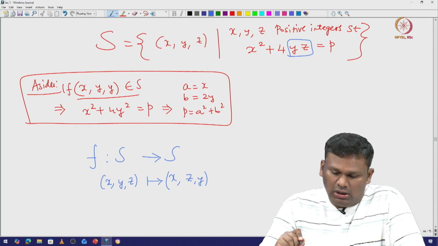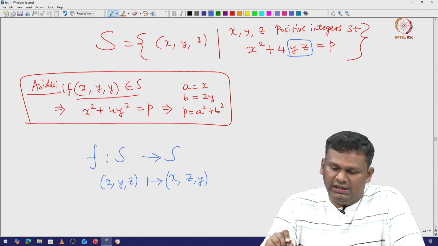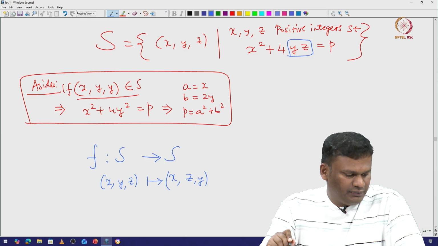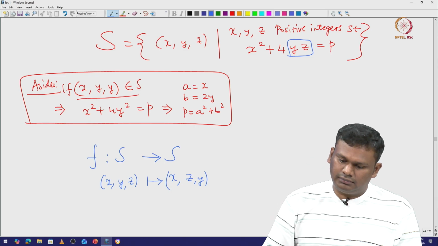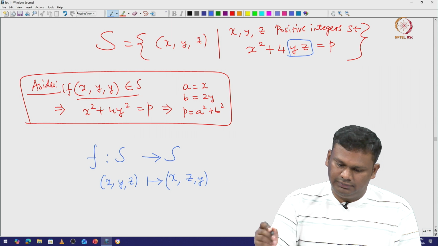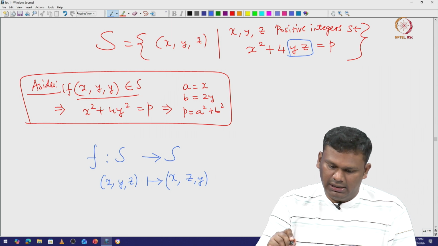Now if you think about it, we need to prove this S is non-empty. That is indeed a result from number theory.